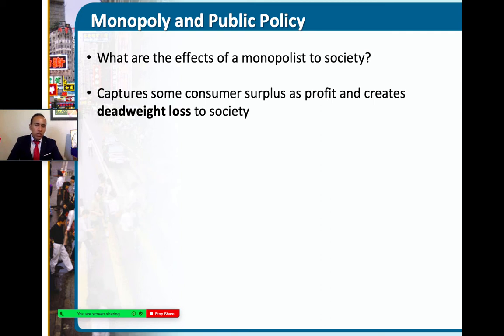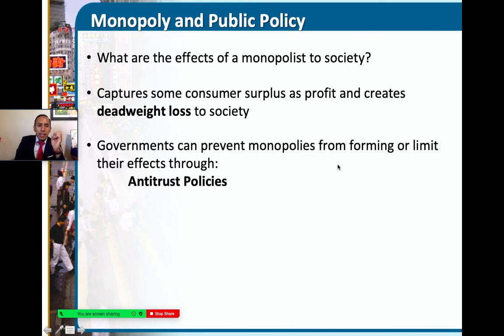In other words, they charge a price, and some consumers are not able to afford it, and they generate some deadweight loss, which is the loss of transactions that are no longer taking place. Some transactions don't take place because monopolies charge a higher price, and in charging that higher price, they capture some consumer benefits in the form of profit. In other words, what the consumer could have saved is now becoming the monopoly's profit to some extent.